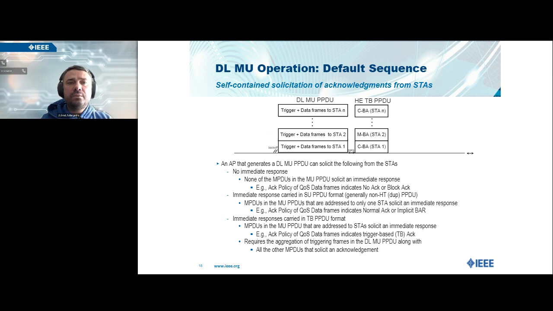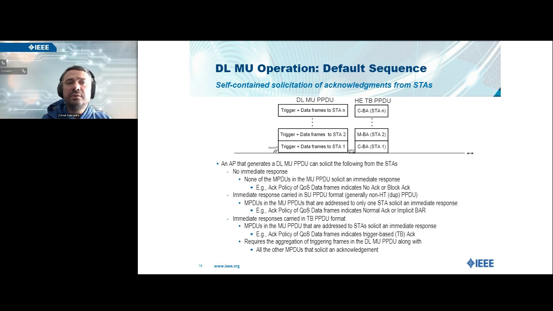So starting with the default sequence for downlink multi-user operation, the default sequence is identified essentially as the sequence that relies on self-contained signaling for the acknowledgement generated by the stations.